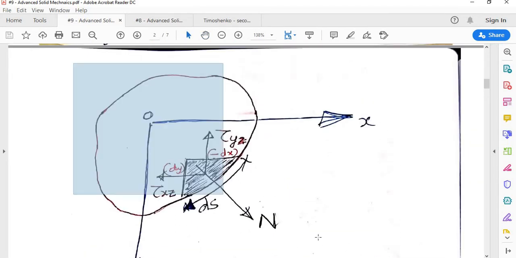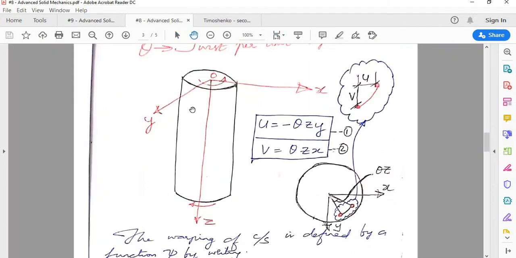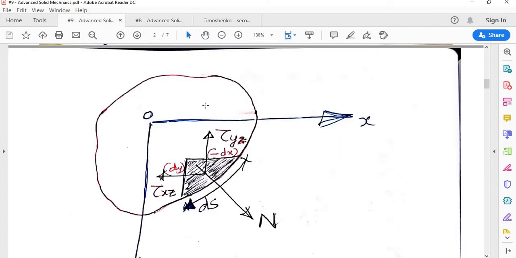So this is that general section, and remember it is subjected to only a twisting load at the end. So when you are talking about a general cross section at any height, it is free of load. Okay, so you consider the surface generated by a point moving from this point to here.